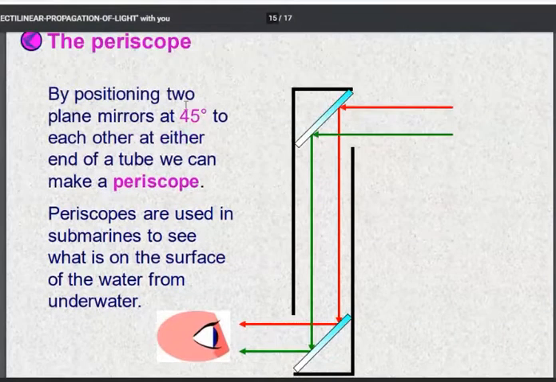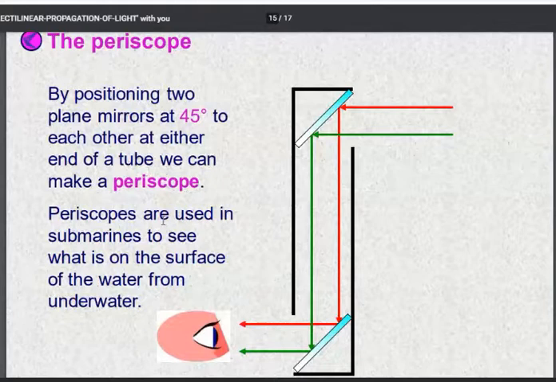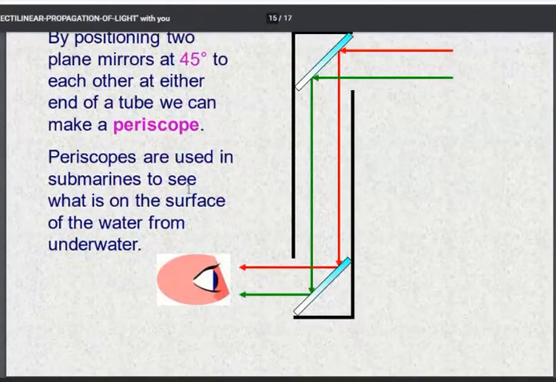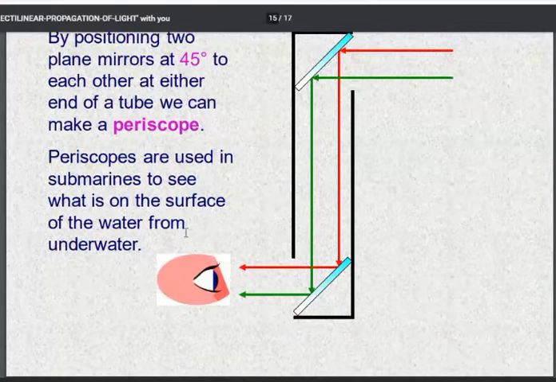By positioning two plane mirrors at 45 degrees to each other at either end of a tube, we can make a periscope. Periscopes are used in submarines to see what is on the surface of the water from underwater.